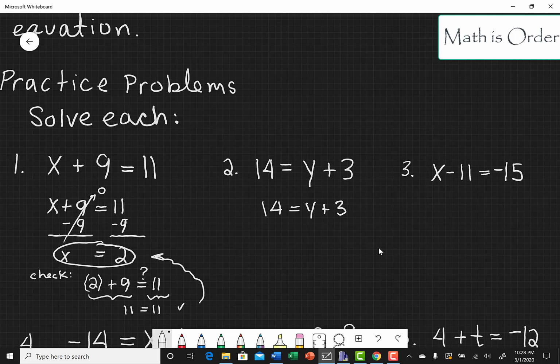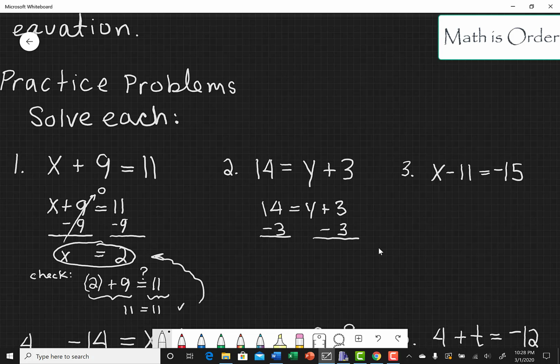And what is that 3 doing to y? It's added to y, right? So we have to do the opposite of addition. So the opposite of addition is what? Subtraction. So I'm going to subtract 3 on both sides of this equation, the left-hand side and the right-hand side.